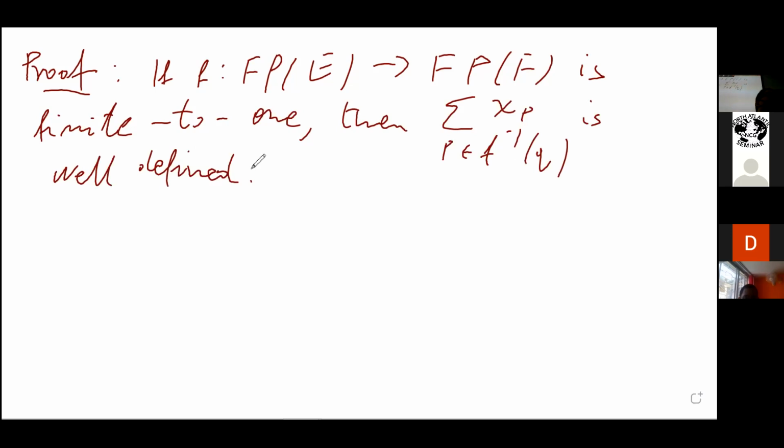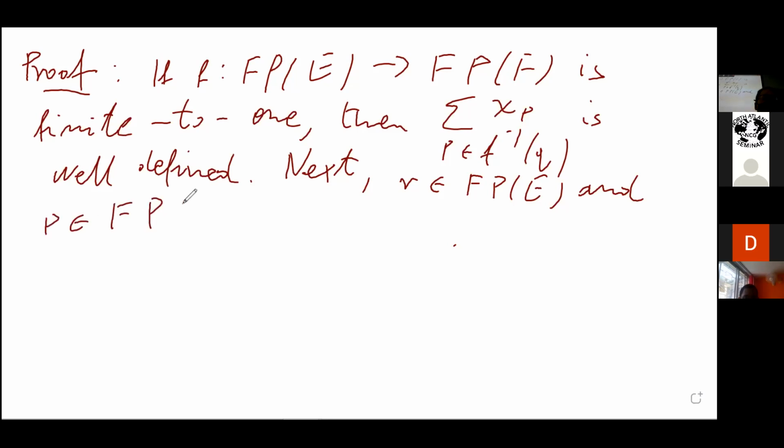Okay, next, take any R in FPE, so a path in E, and P in FPF, so a path in F. For any such thing, we have the following calculation.